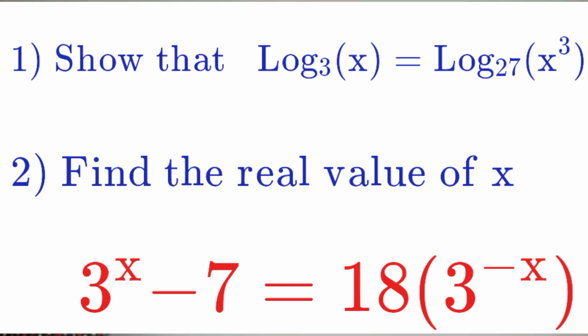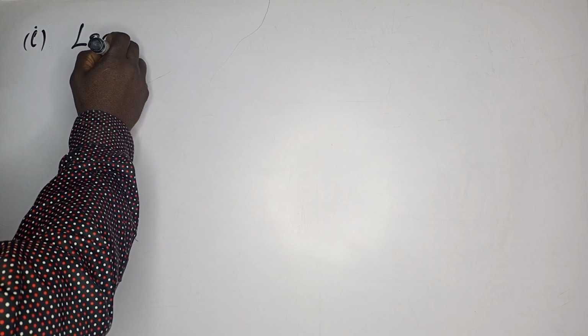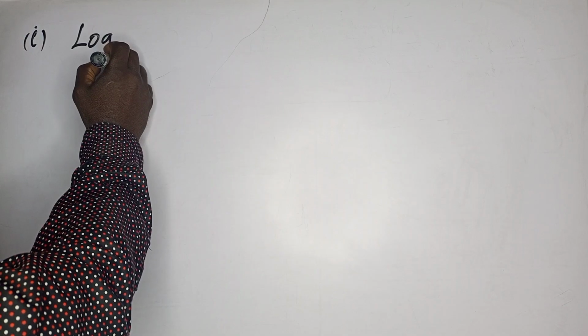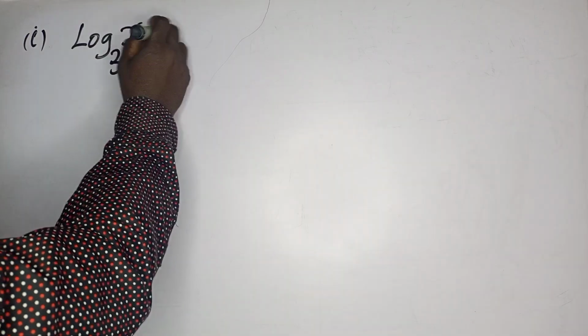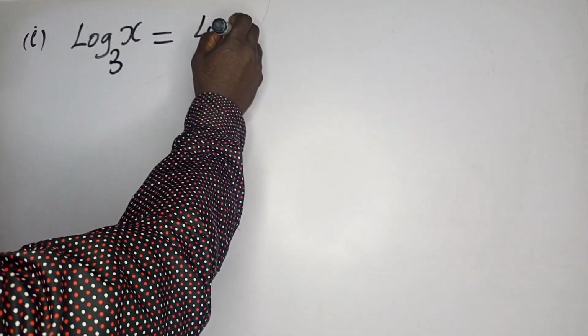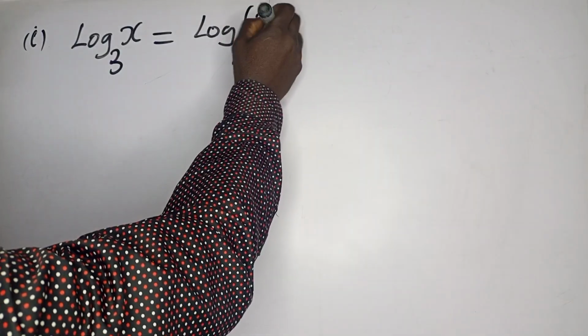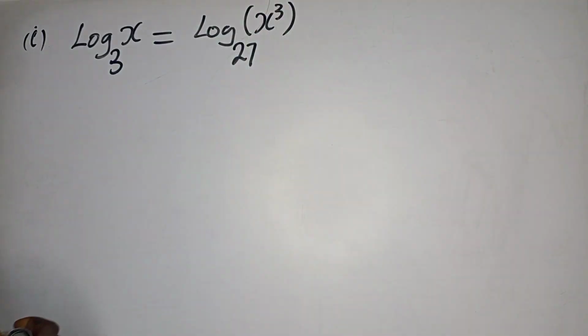Okay, let's get started. The first part, we want to show that log to the base 3 of x is equal to log to the base 27 of x cubed.